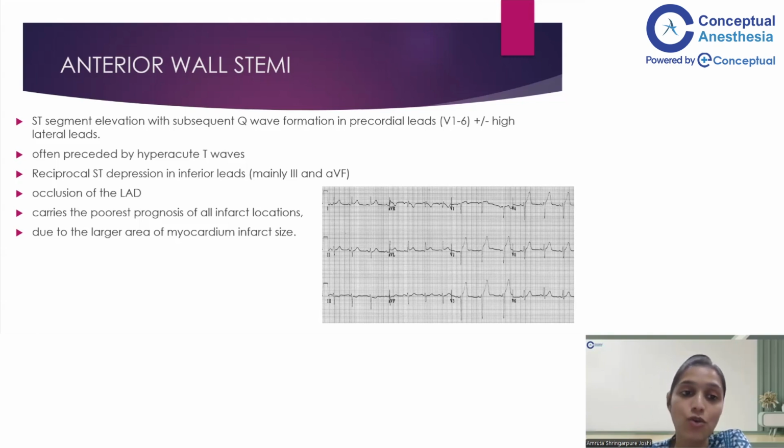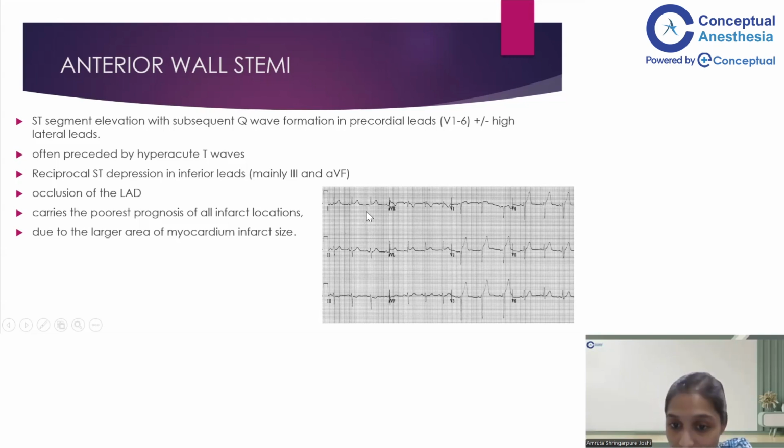When we say anterior wall ST elevation MI, where are we expecting the changes? We expect ST elevation with subsequent Q wave formation, like we described, in the precordial leads V1 to V6, plus or minus the high lateral leads, so we are talking about lead 1 and AVL.